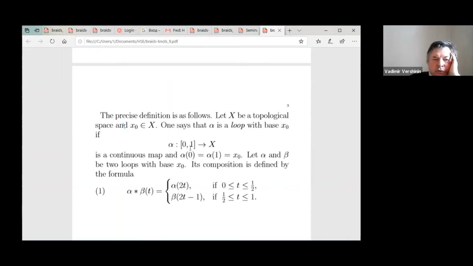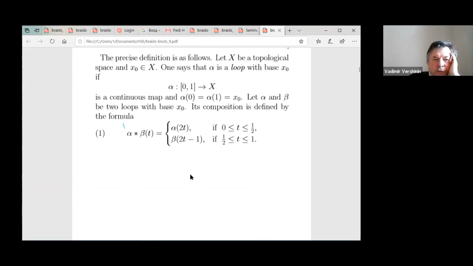Essential here is that you take a loop. So if you have a space, say space X, and you have an interval. When you consider the fundamental group, essential is that you have a starting point.